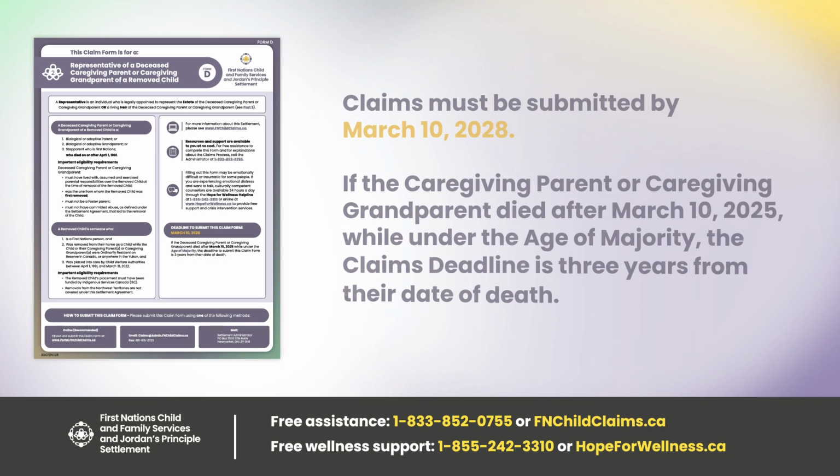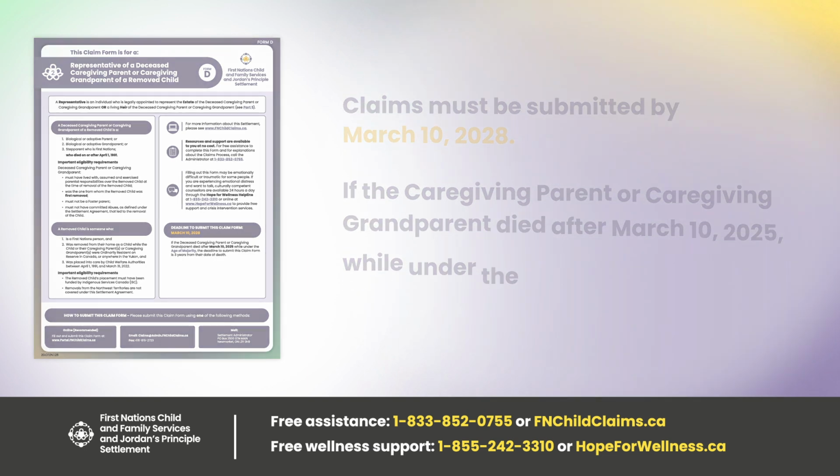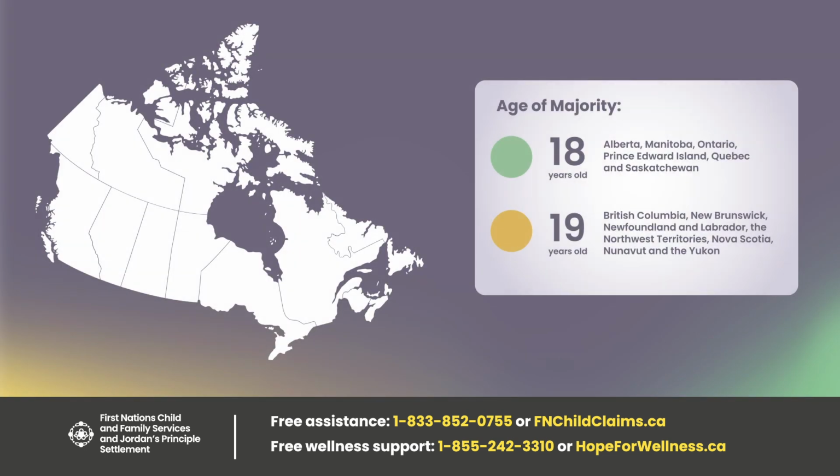For deceased caregiving parents or caregiving grandparents, claims must be submitted by March 10, 2028. If the deceased caregiving parent or caregiving grandparent was under the age of majority on March 10, 2025, the claims deadline is 3 years from their date of death. The age of majority varies by province and territory.